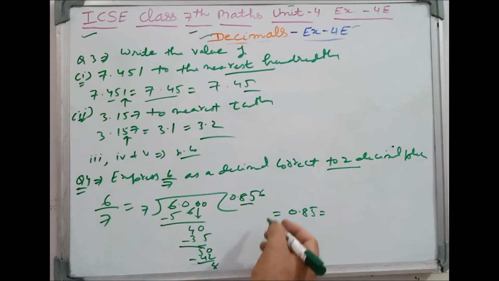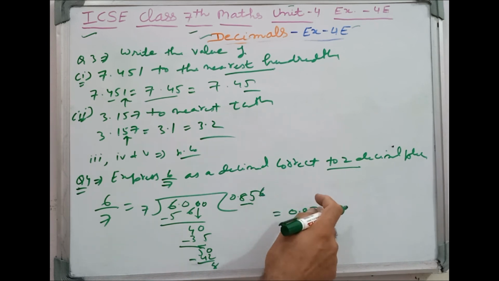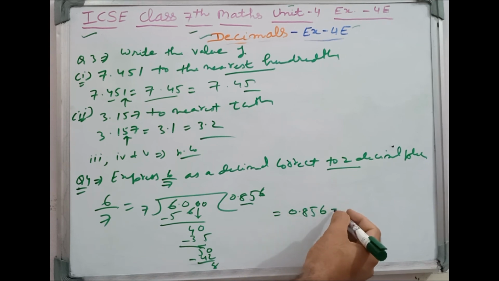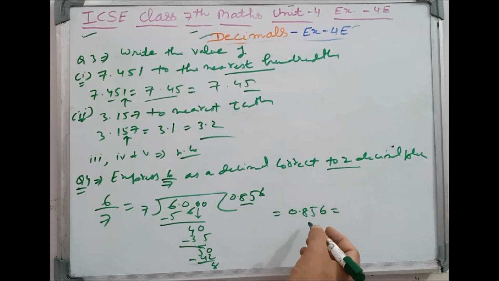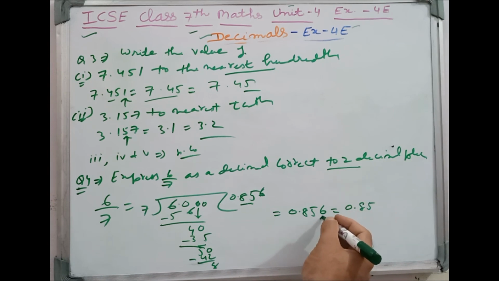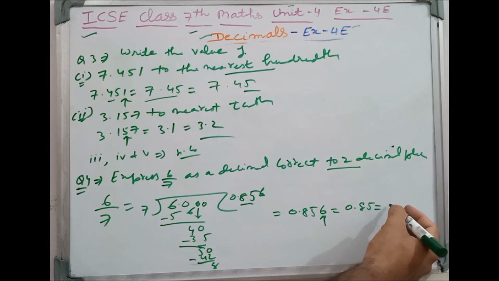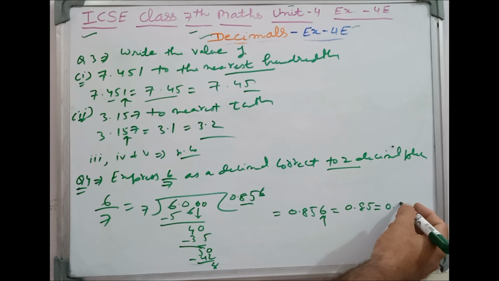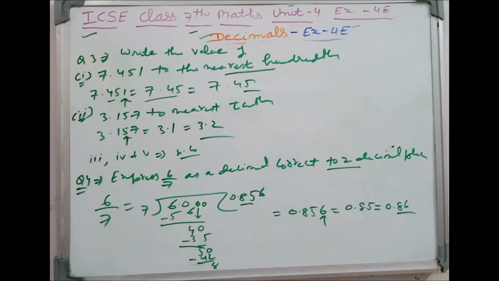So we have 3 decimal places, but our requirement is 2 decimal places. So write 0.85 here. Now see the next decimal digit. It is more than 5. So this 0.85 will become 0.86, 1 plus 85. So this is the required answer.